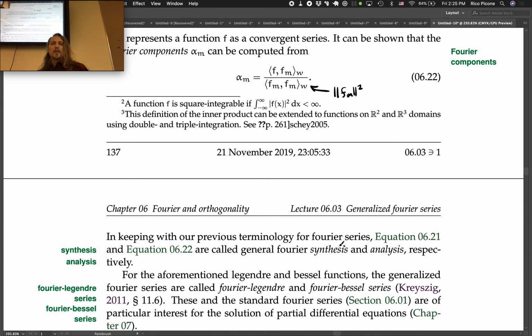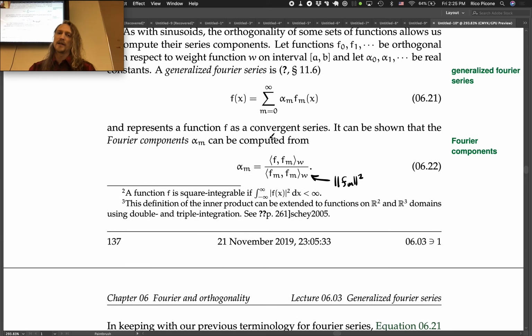In keeping with our previous terminology for Fourier series, equations 621 and 622 are called general Fourier synthesis and analysis, respectively. So 621 is the synthesis where you sum up all these components and get the original function you're trying to write a series description of. And then 622 does the opposite, where you break it down into all the components.